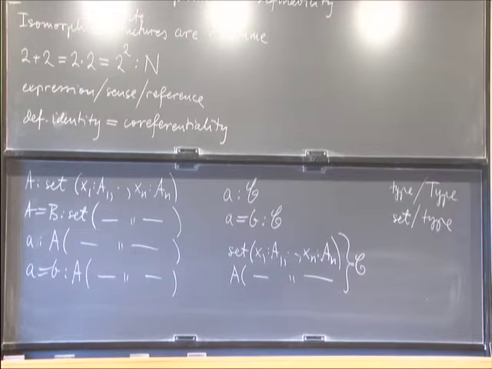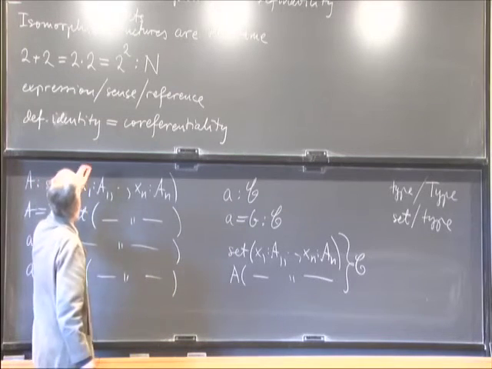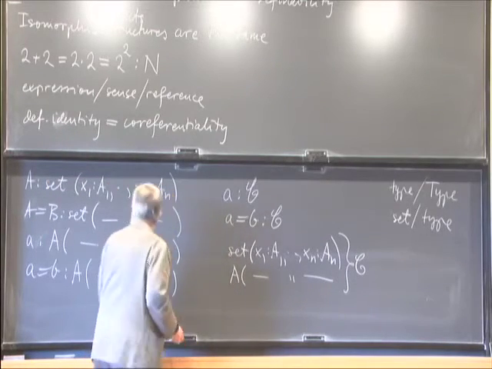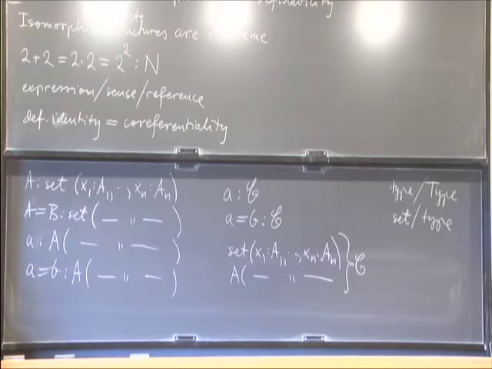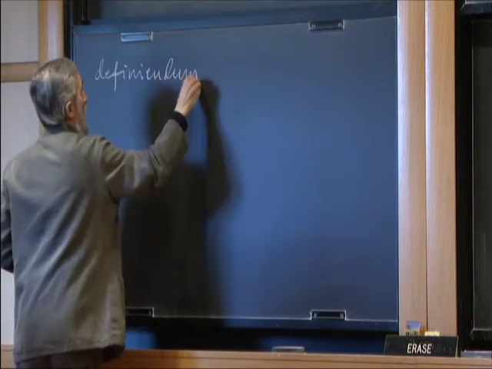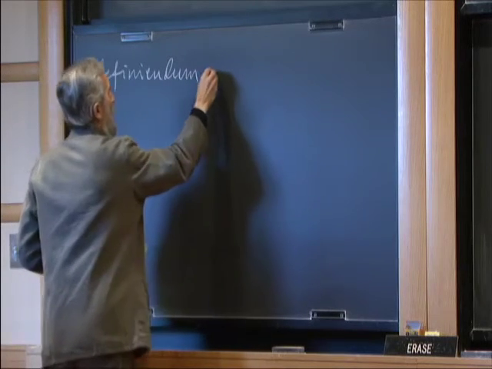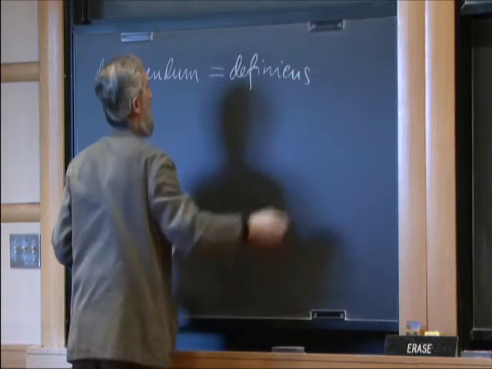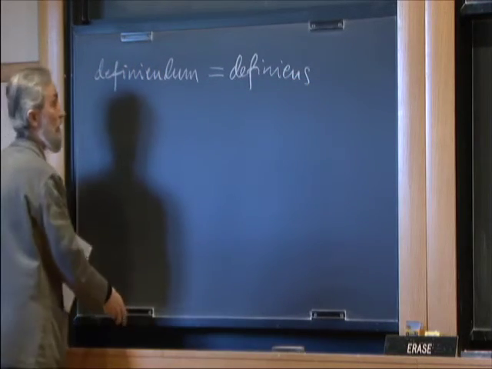Now let's ask ourselves, what are the formal laws that govern the relation of definitional identity that I'm considering here? And that's something we all know very well. So the first law, no doubt, to write up is that what is to be defined should be equal to the defining expression or object, if you prefer.